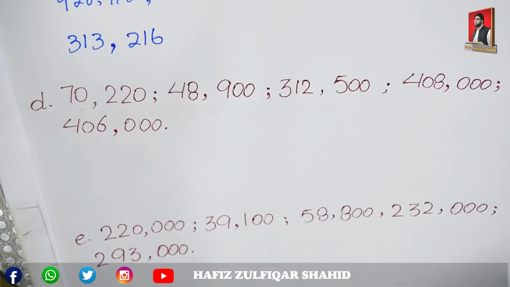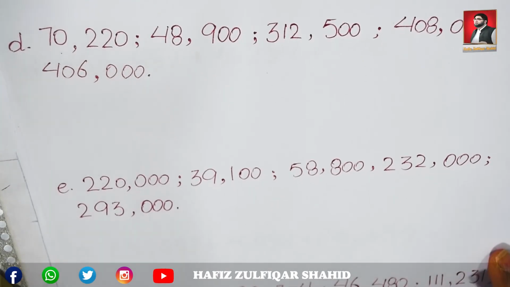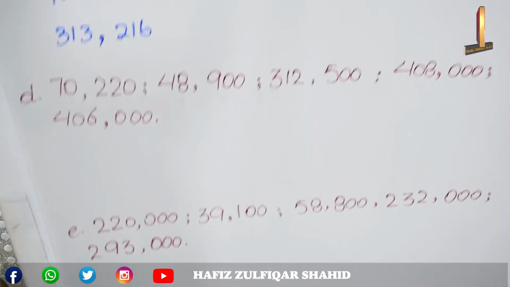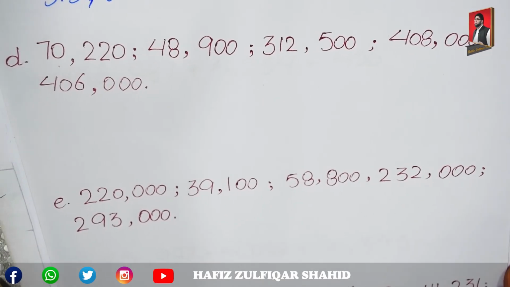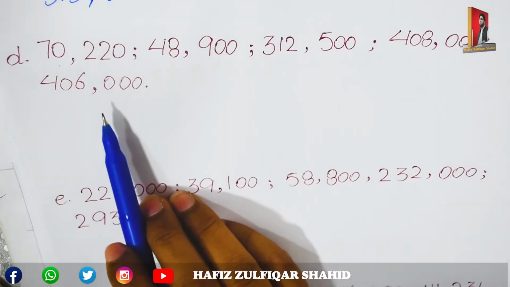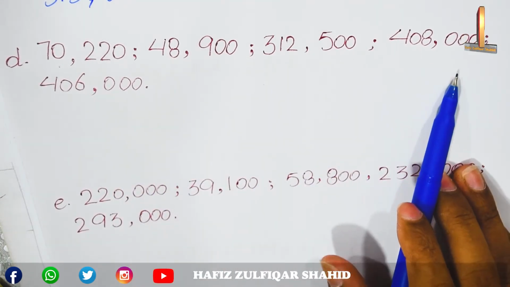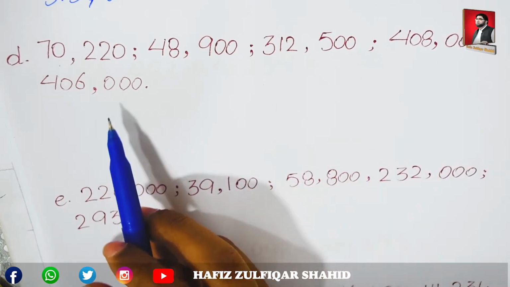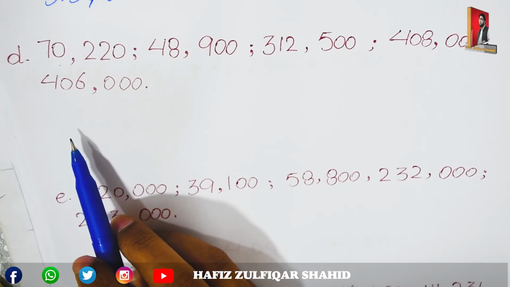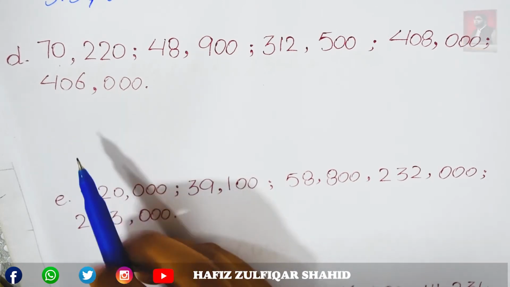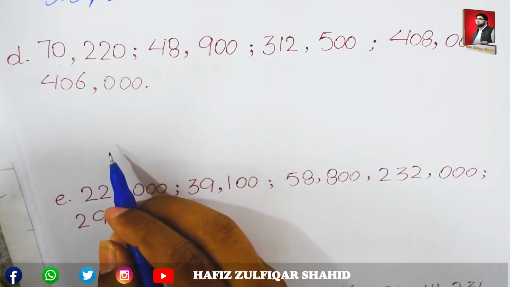This one is given as arranged in descending order. Let's practice another one. Here we have another 5 values to compare, and to write in descending order, and we know that we have to write the largest one first.